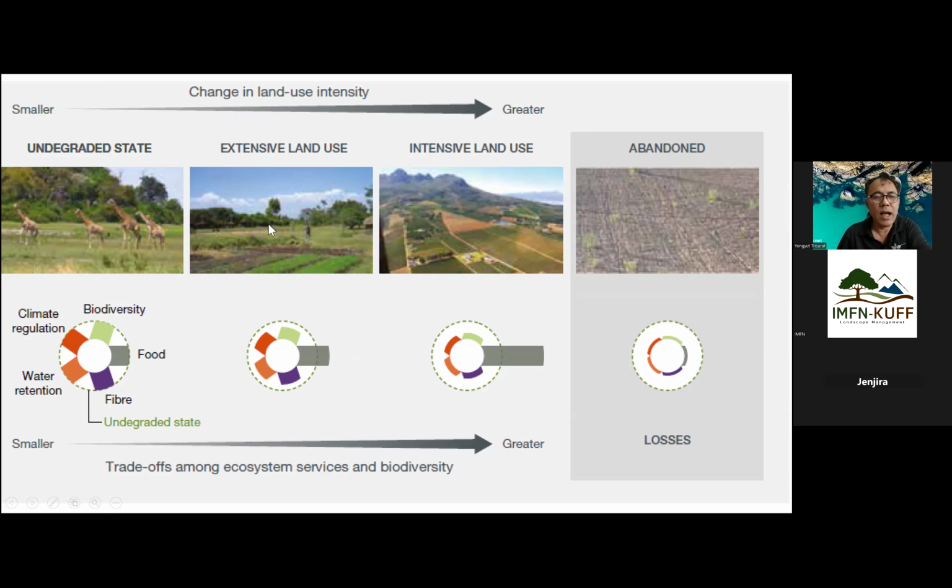But however, other functions of the land can provide, such as the biodiversity, the climate regulation, water retention, and fiber. But since we have more human population, the land is more intensively used for agriculture, for food production.